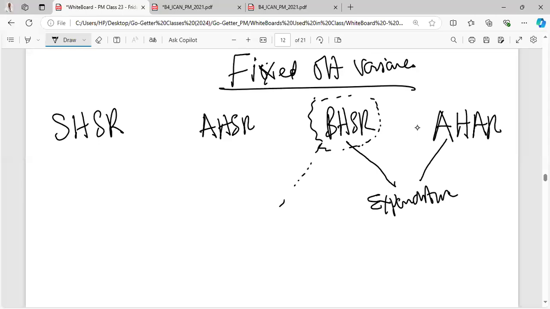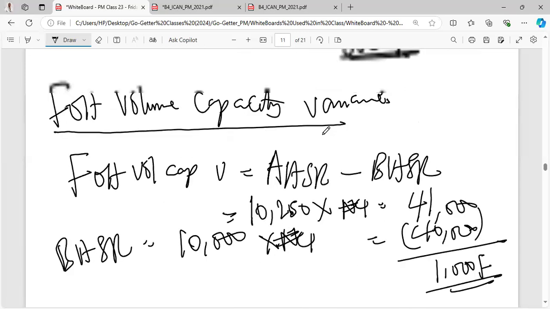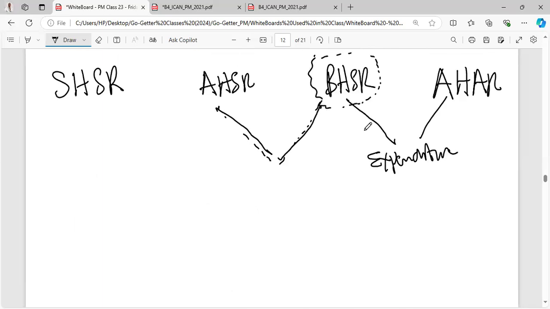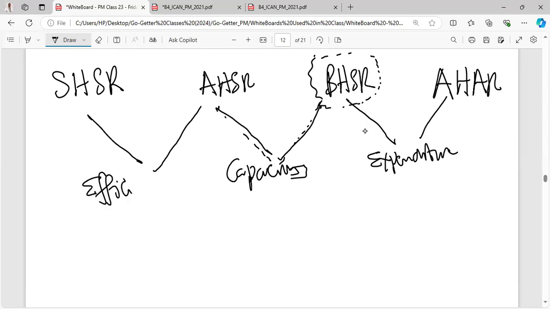This and this gives us our capacity variance, actual and standard. Then this and this give us our efficiency variance.